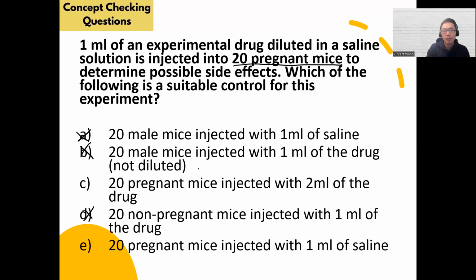So for the control, should we inject them with 2 milliliters of drugs, or 1 milliliter of saline? The experimental group is the group that's receiving the drug. The control group should not be having more drugs. They should have just the saline and nothing else. So the correct answer is E.